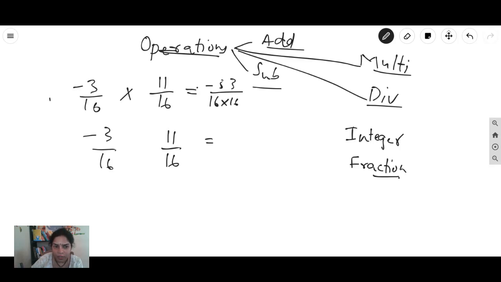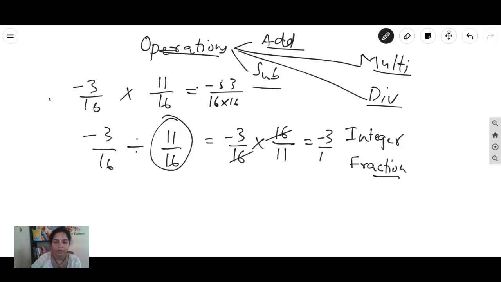If you go to division for two numbers, what is the way you do it for fractions? You take the second rational number's reciprocal and multiply it. So you get the reciprocal, 16 over 11. Later on you do the calculation and you get 3 over 11. So this is the way you do division.